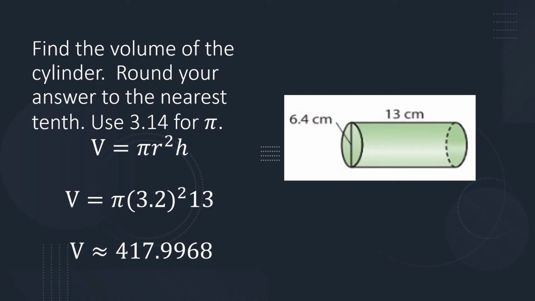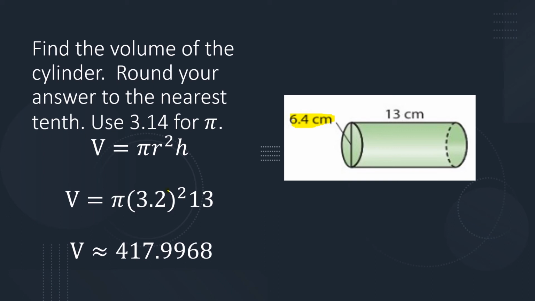All right, let's take a look at our first example. We need to find the volume of the cylinder to the right to the nearest tenth. So we're going to use volume equals pi r squared times h. We're going to take our diameter here, which is 6 and 4/10 centimeters, and cut that in half because we need a radius.